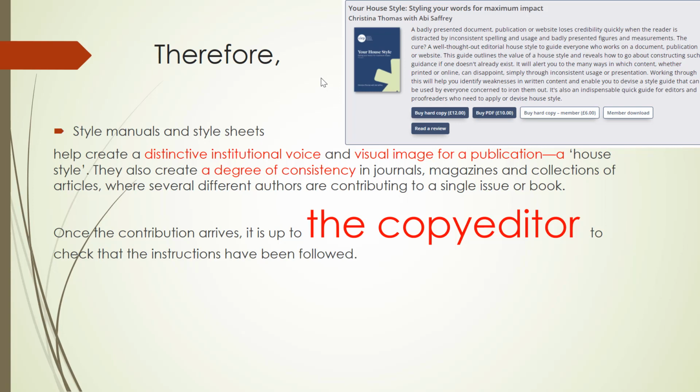The person who makes sure that all of the submissions to one publication share the same style is the copy editor. Once a contribution or submission arrives, it is up to the copy editor to check that the instructions have been followed.